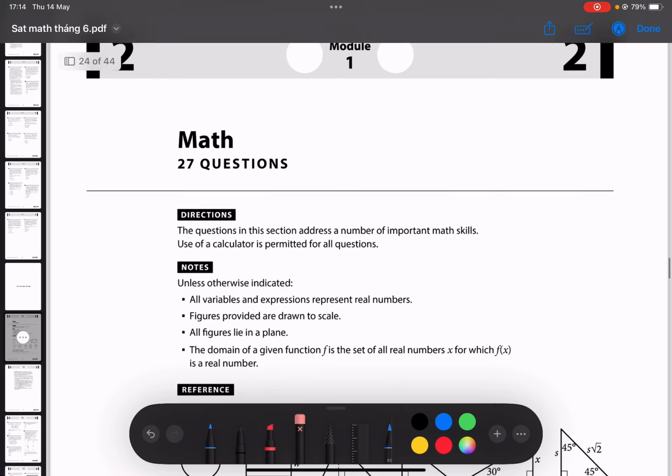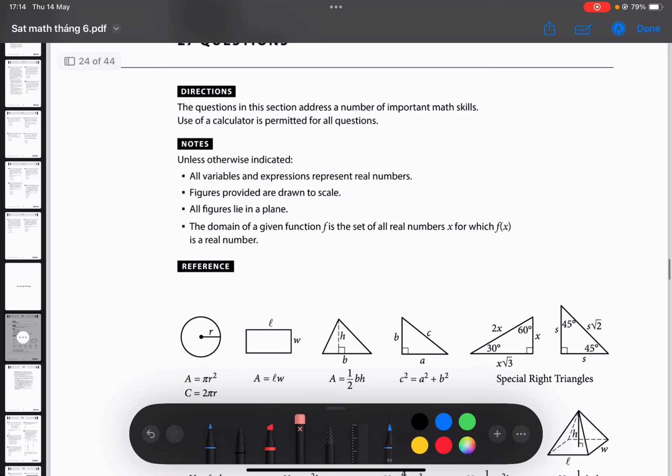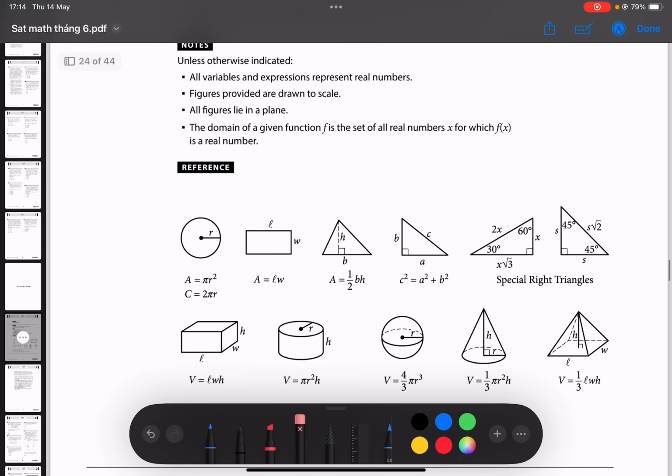On the first page of the test is the exam cover sheet. It provides some of the formulas and equations to find the area and volume of certain shapes.